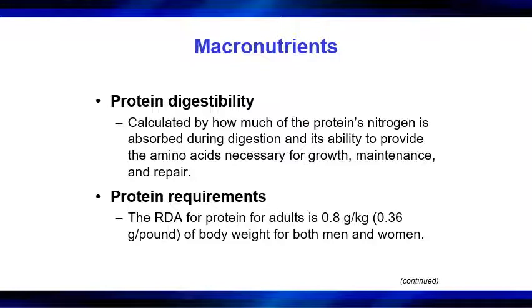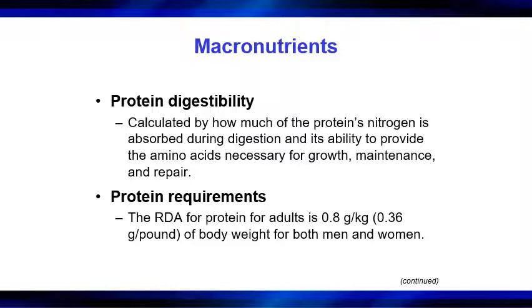This is really your animal-based proteins that are really high as far as protein digestibility. So again, your eggs, dairy, meat, fish, poultry, they all contain all the essential amino acids. Really, the only plant-based protein that contains all 8 essential amino acids is soy.